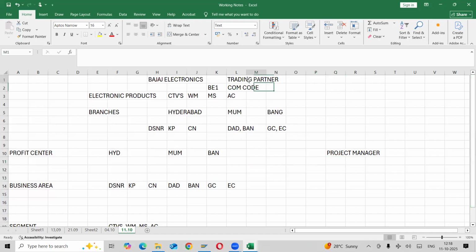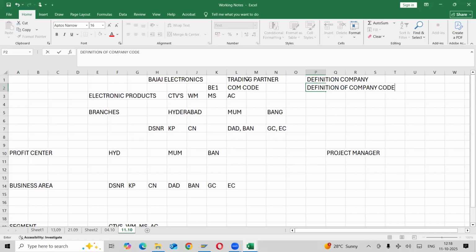So trading partner is nothing but your definition of a company. Next one, definition of a company code. Next one, definition of profit center structure.